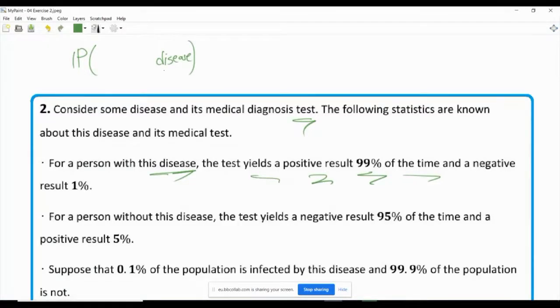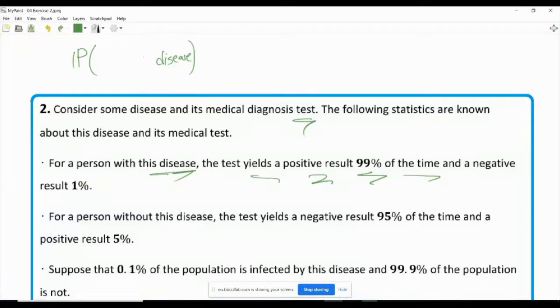Okay, now you apply the test to the guy. Now the test may tell you, oh yes, the guy has this medical condition, or it may actually fail to detect the disease, whatever, bacteria, virus, whatever.